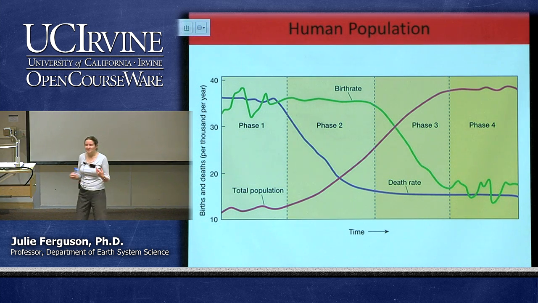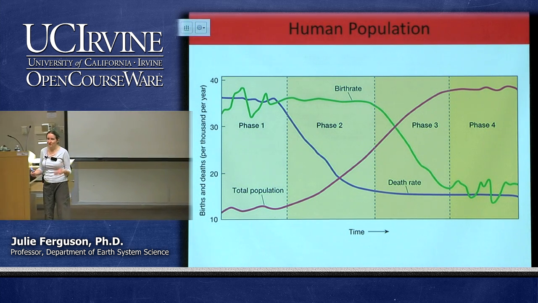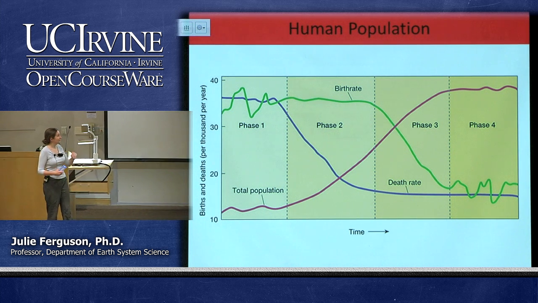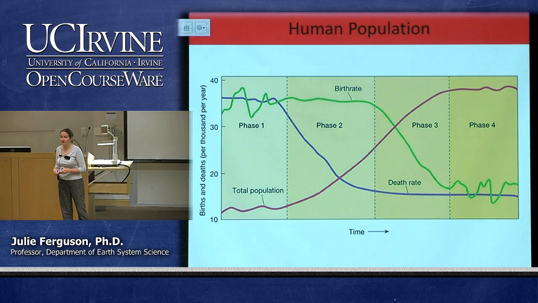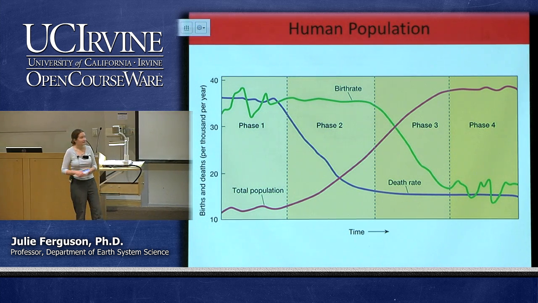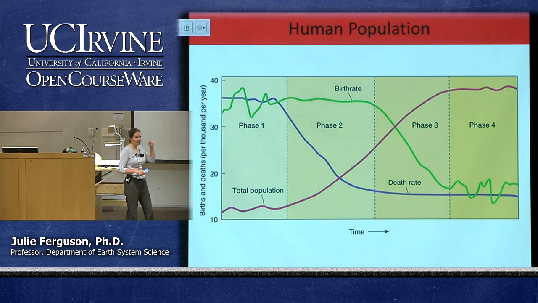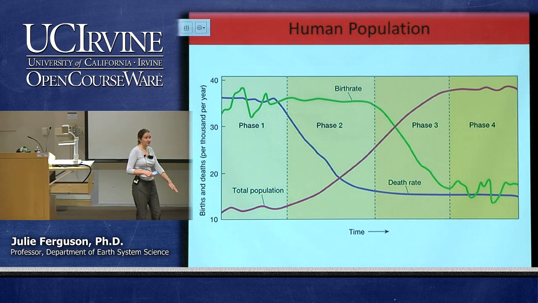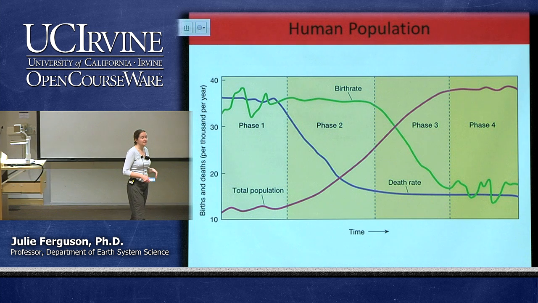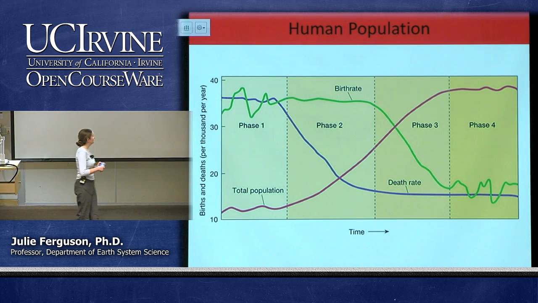But we're humans, we still like doing things the way we did before, so our population starts increasing because our birth rate remains high for a certain amount of time. So that's phase 2, when we see this dramatic drop in our death rate, but our birth rate stays high, so we see very dramatic population growth.